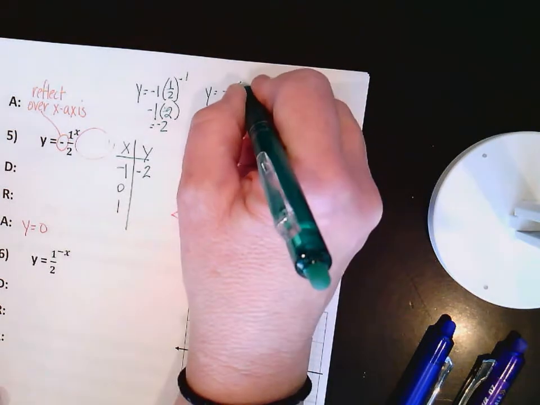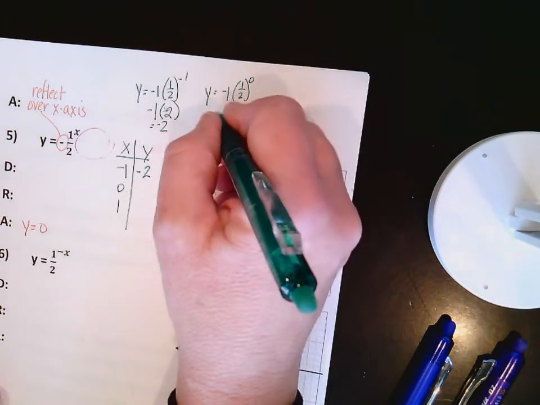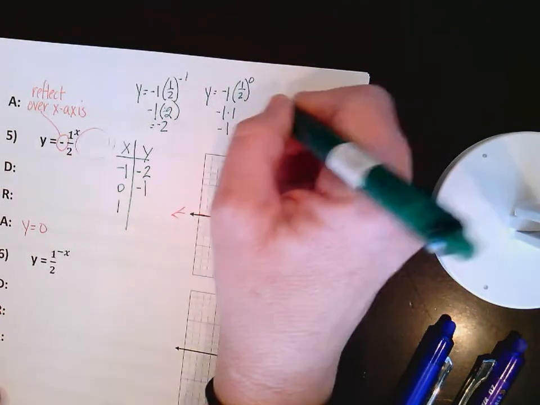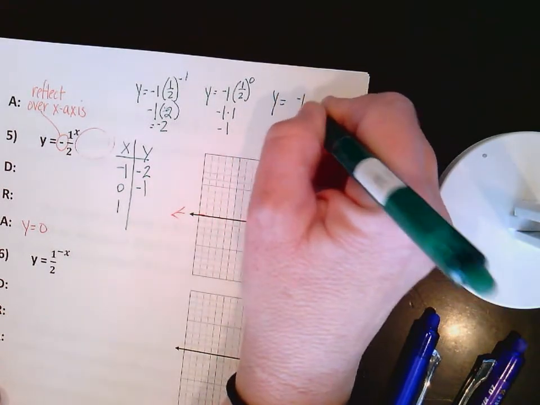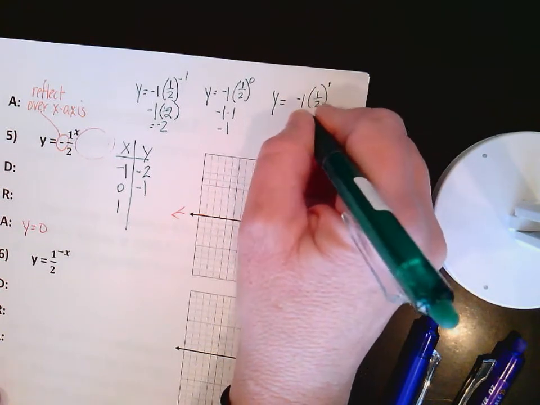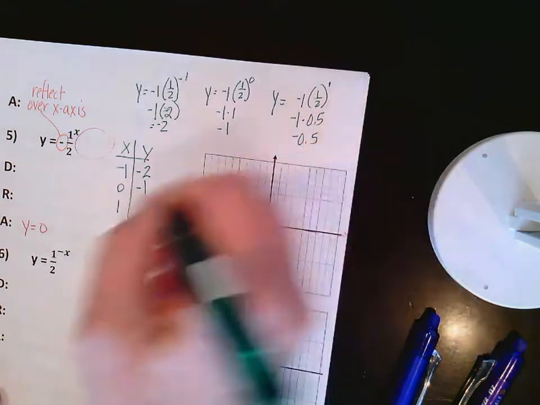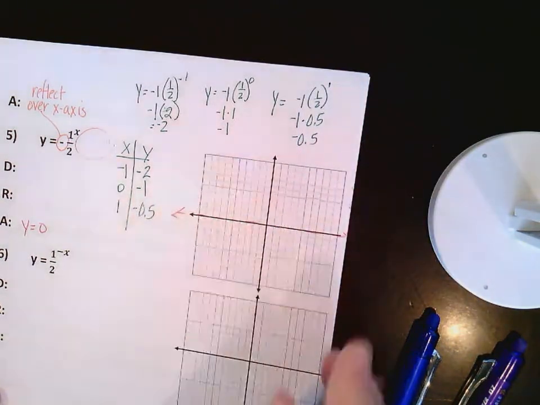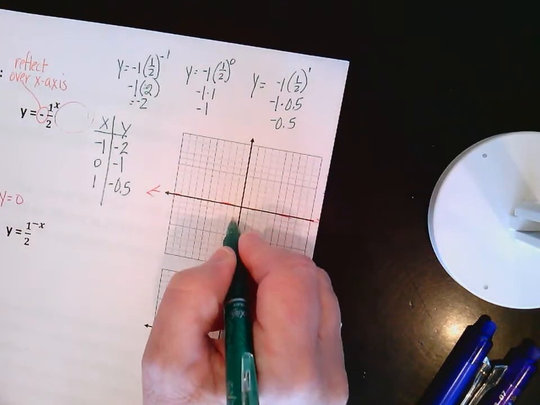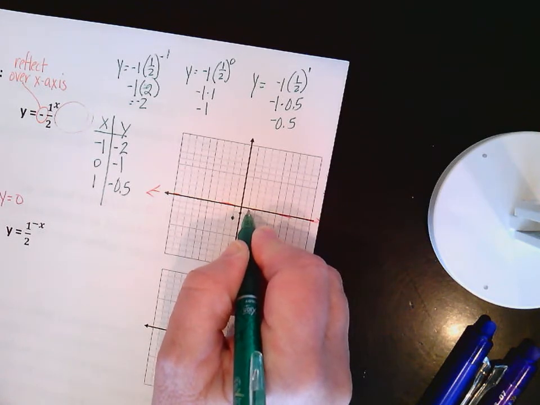And then I've got 1/2 to the 0. 1/2 to the 0 is 1, so -1 times 1 is -1. And then I have y equals -1 times 1/2 to the 1, which means I have -1 times 0.5, which is -0.5. So I have -1, -2, 0, -1, and 1 and -0.5.